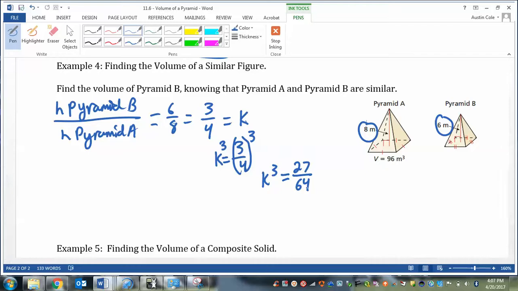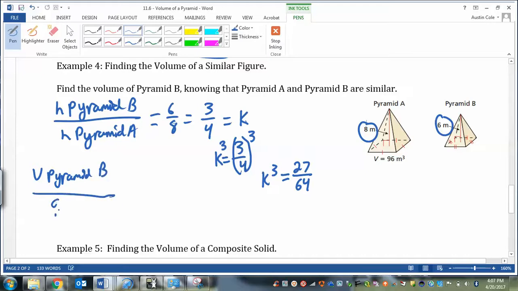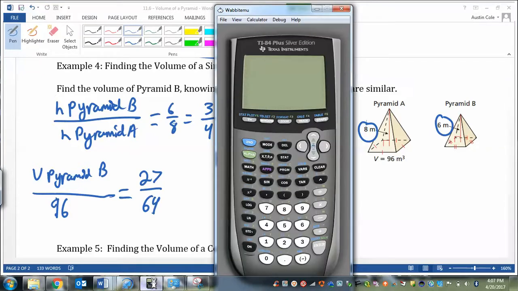All right, now you have the proportion that keeps the volumes similar. So we did pyramid B first over here, so I'm going to do that again. So volume of pyramid B over the volume of pyramid A, which we know is 96, equals our ratio that keeps these in check, right? Our proportion, which is 27 over 64. Okay, now we're going to multiply that out.